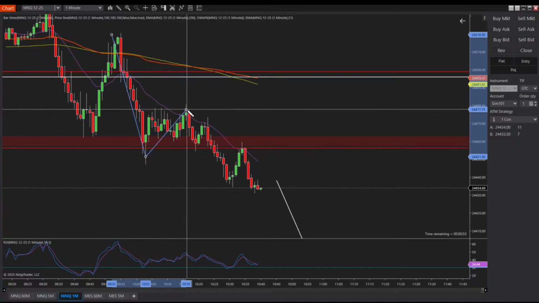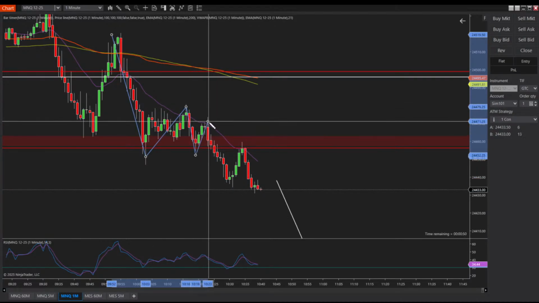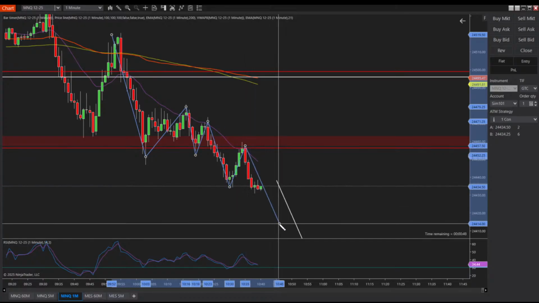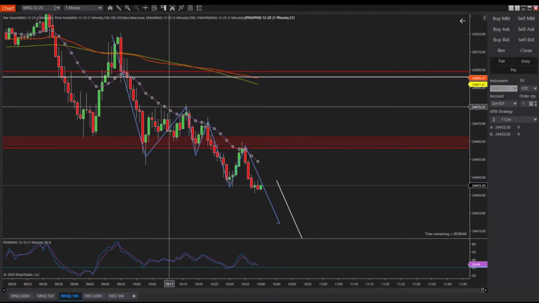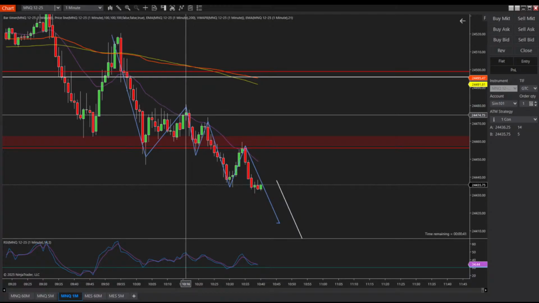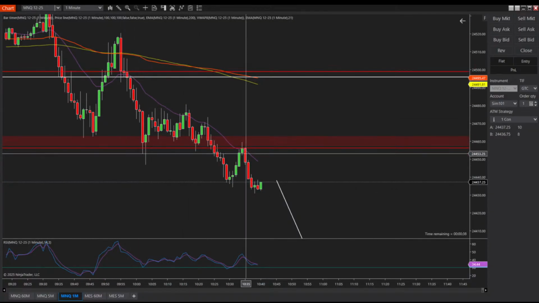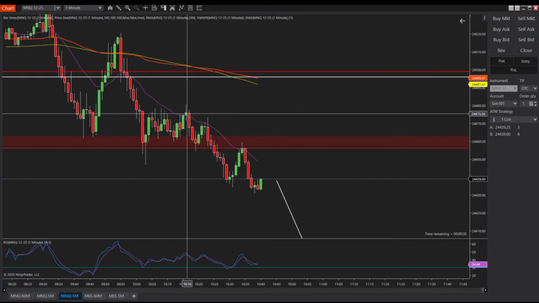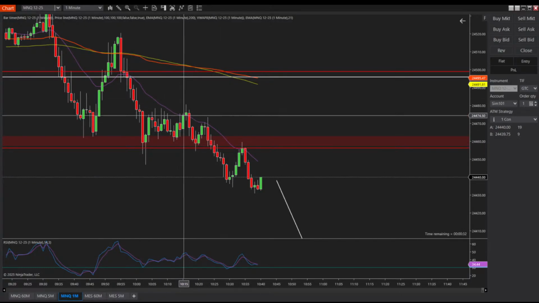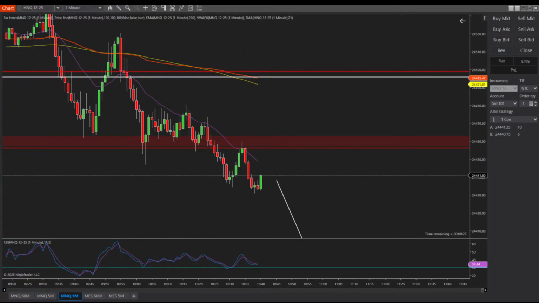But what's easy to trade is pullbacks. Every time the market pulls back, it bounces off this 21 EMA. So it's easy to trade. It's easier to trade when the market's trending and it's creating pullbacks with potential entries between them.